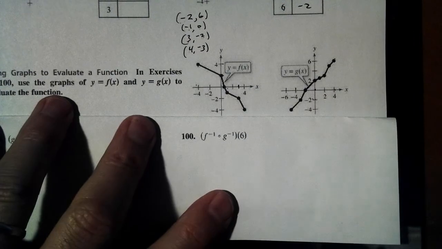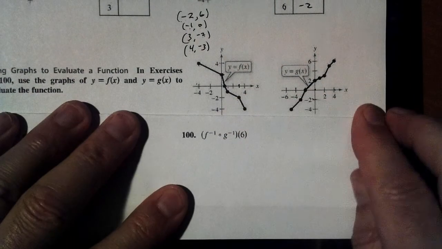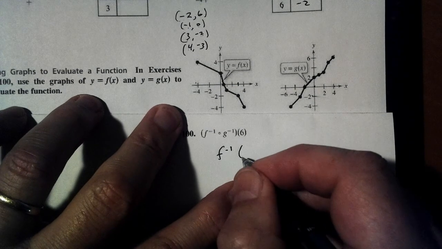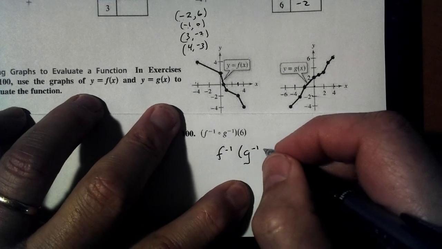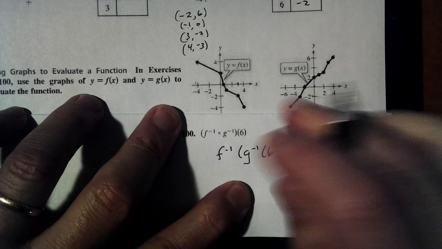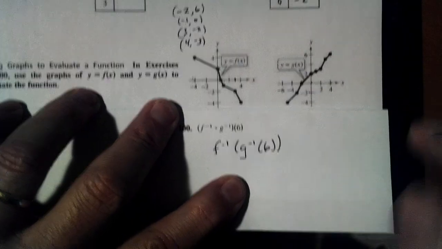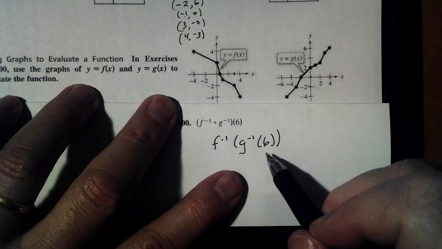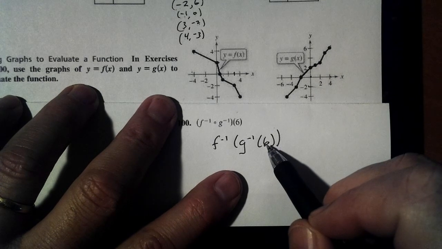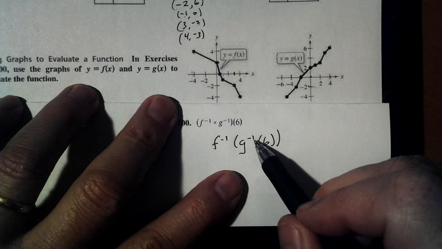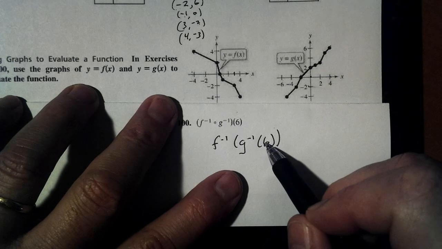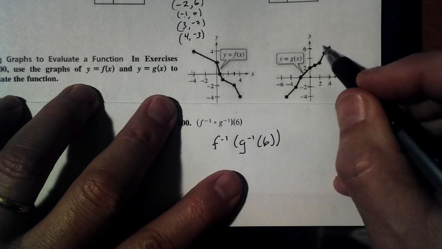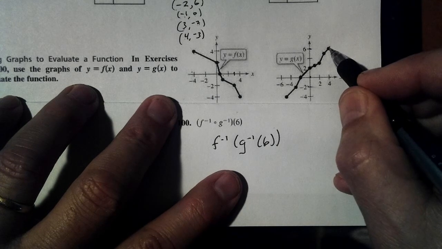Not crazy about this form. It doesn't really speak to me as well as this: f inverse of g inverse of 6. So going into the g graph, is this an x or a y value? Well, it's g inverse, so it goes in as a y value. When g is 6 up here, we get 4.